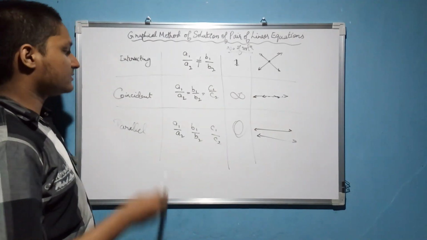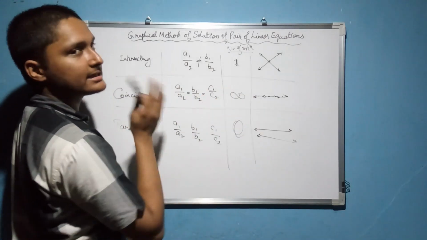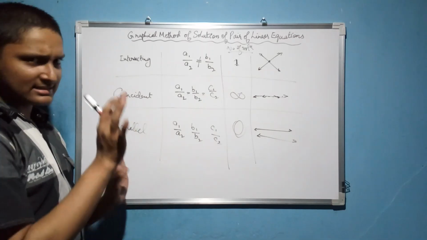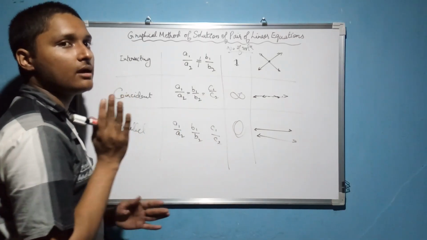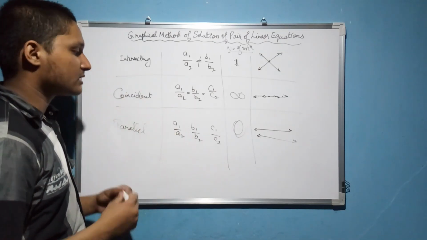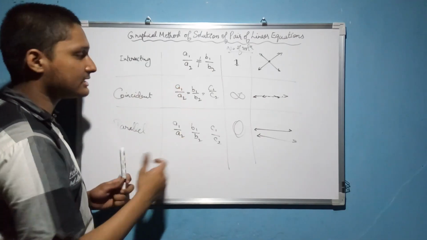Coincident and parallel are similar because they have the same slope from the x-axis. If you don't understand slope, leave that; they have the same tilt from the x-axis. So there should be some relation between these.